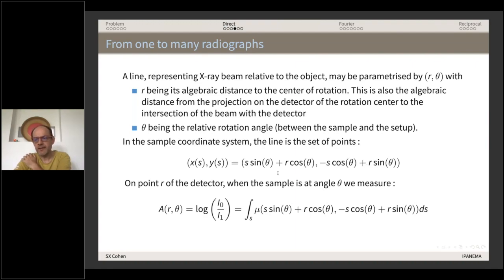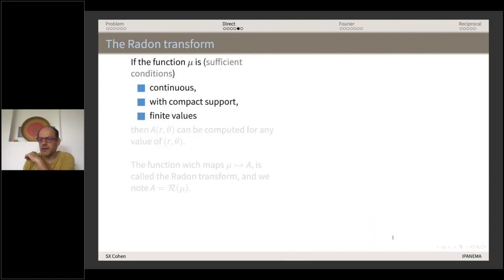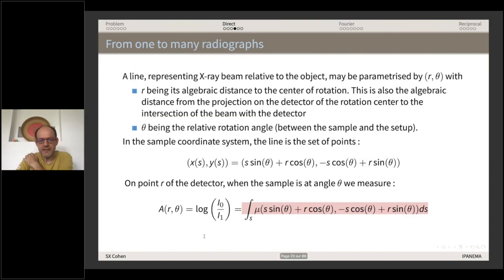Okay, and then what I say is what I measure is the integral on this line of the attenuation coefficient. Okay, so I'm just plugging these coordinates into the equation I had before, and I get this result. So basically I get an integral version for any r and theta.